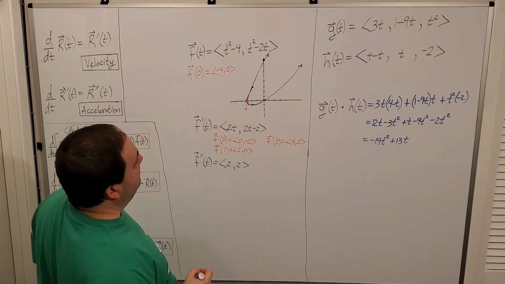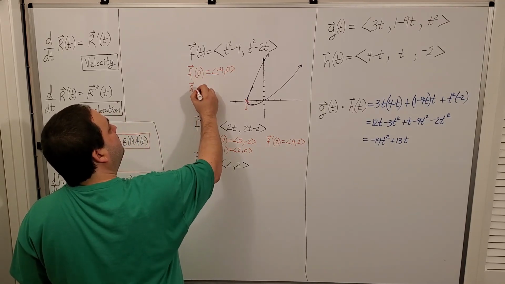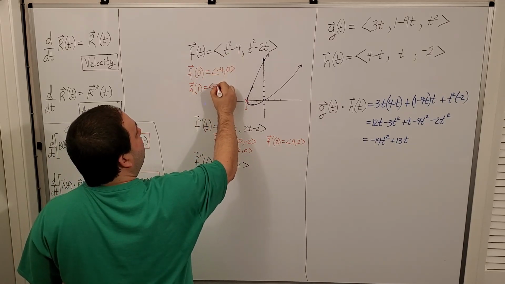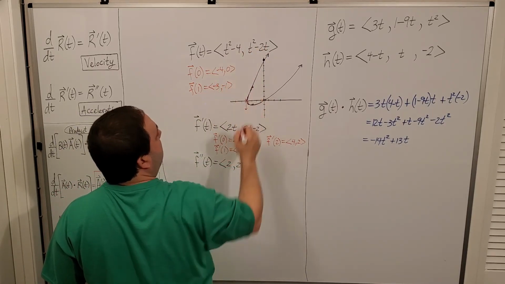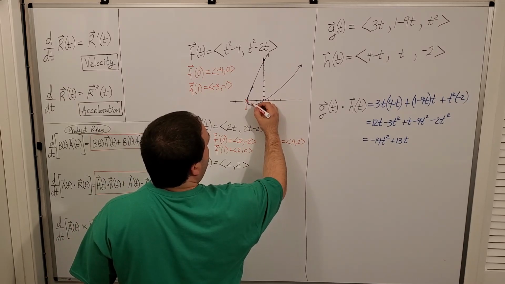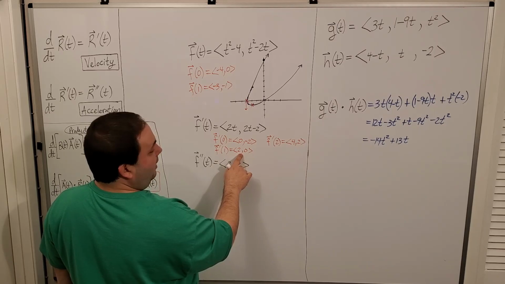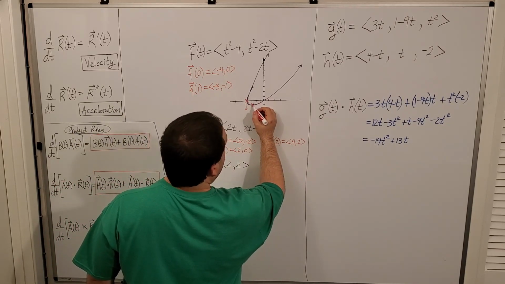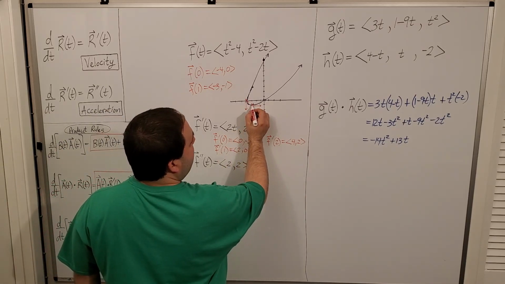Now, f of 1, as we saw in the last scene, was -3, -1. So that's this point right here. And the vector right here, the velocity vector, is 2, 0. So that's this way, like this. But it's actually tangent.